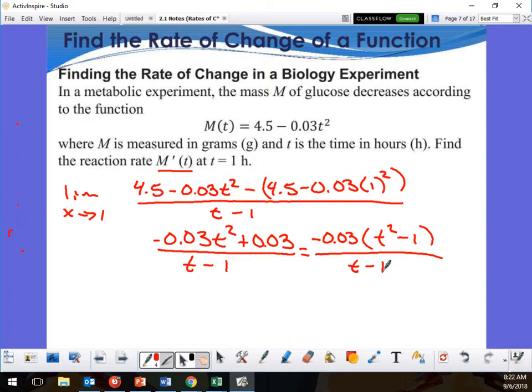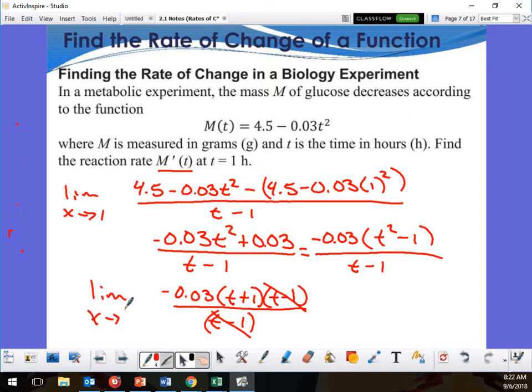Since I was able to pull out all that decimal nastiness, I cleaned it up a little bit. Now, can I factor t squared minus 1? Yes, it's a difference of squares. So I'm going to have negative 0.03 times t plus 1, t minus 1, over t minus 1. The t minus 1s will cancel. And now can I take the limit as t approaches 1?